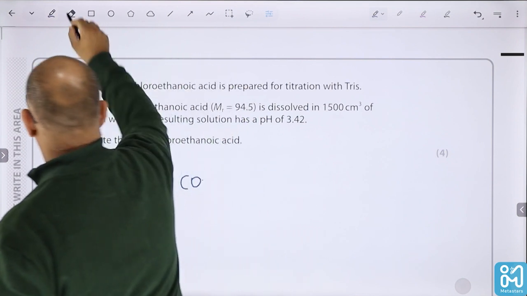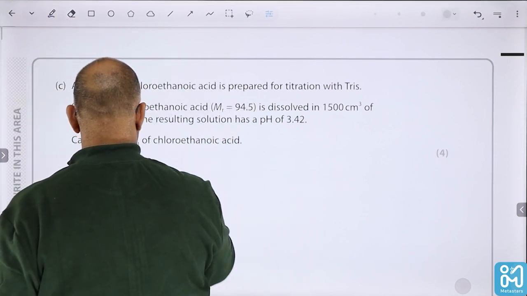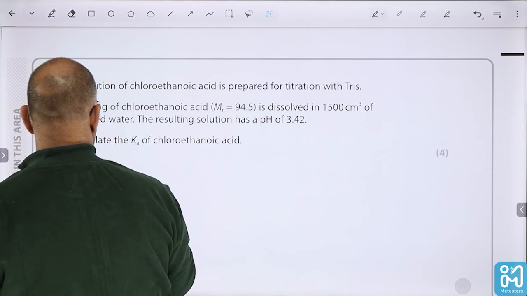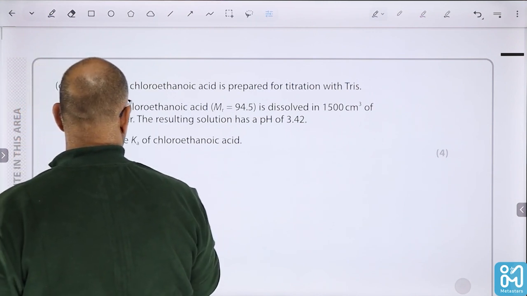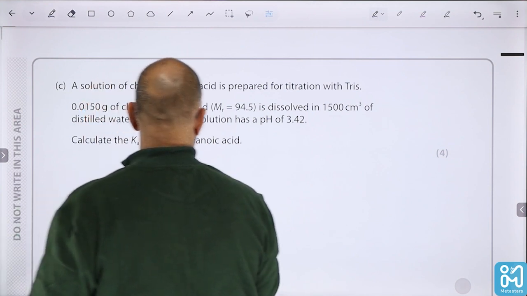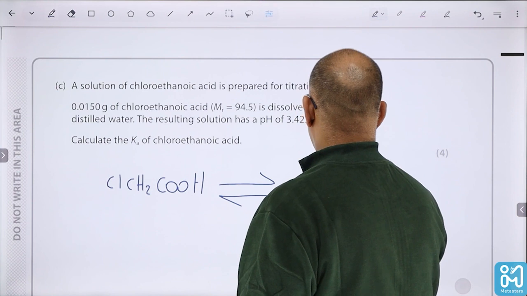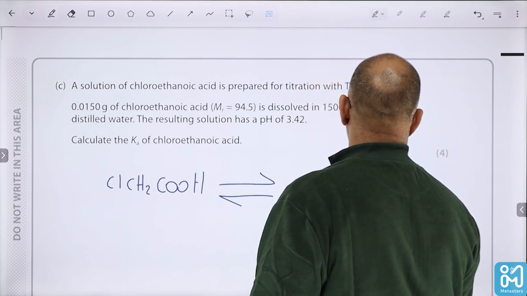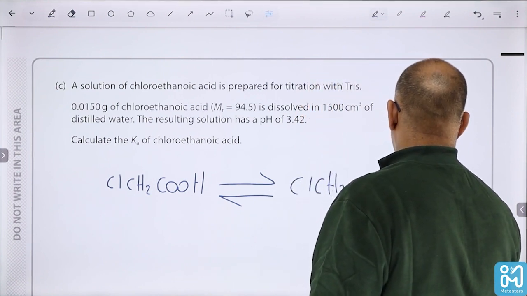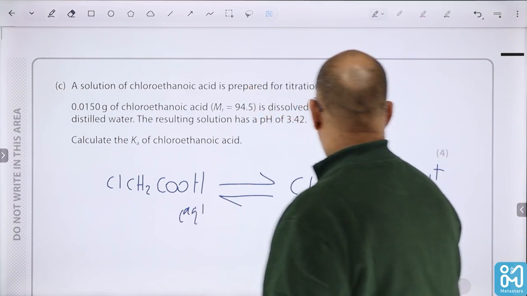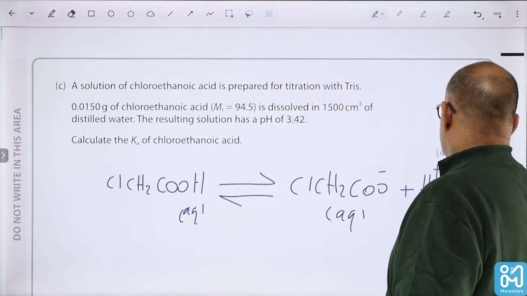It's chloroethanoic, sorry. So we have two carbons, so it will be like that: ClCH2COOH, and it is decomposed like that: ClCH2COO negative plus H plus. That's it. And here we have aq, and it's a weak acid.